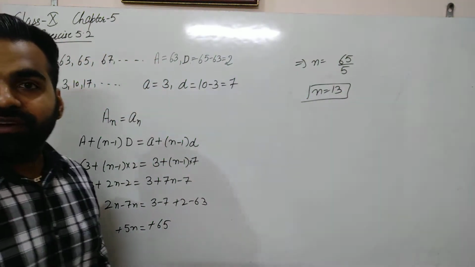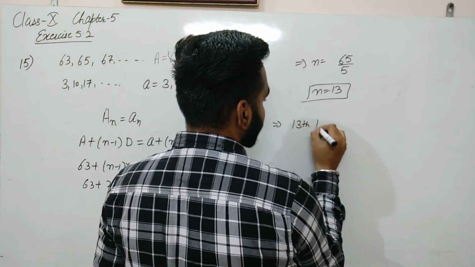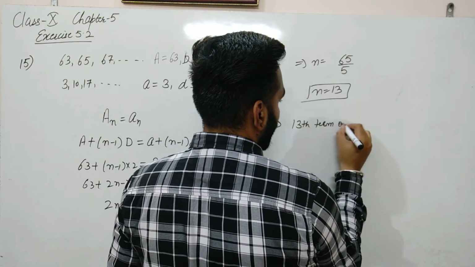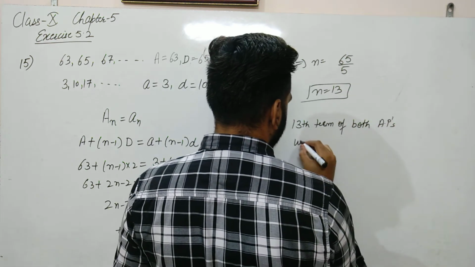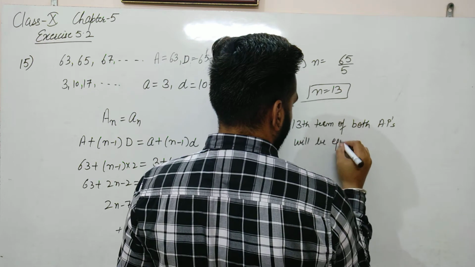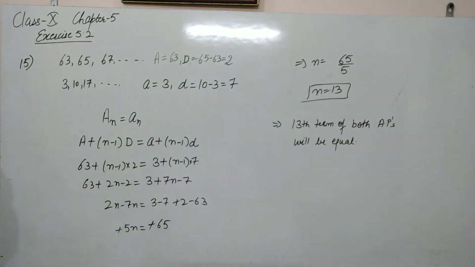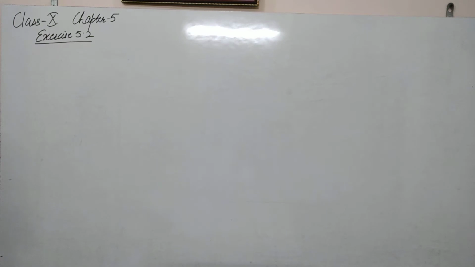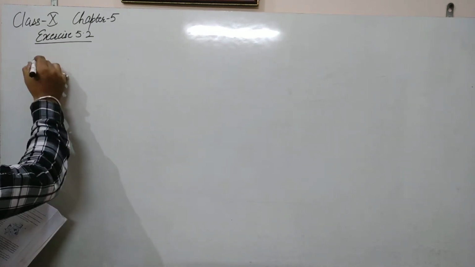So since the value of n is equal to 13, we can say that the 13th terms of both APs will be equal. Question number 15 it was. Now we will start question number 16.